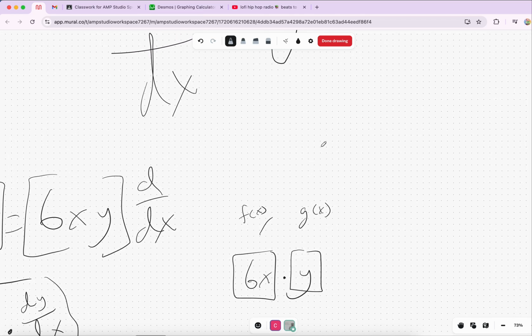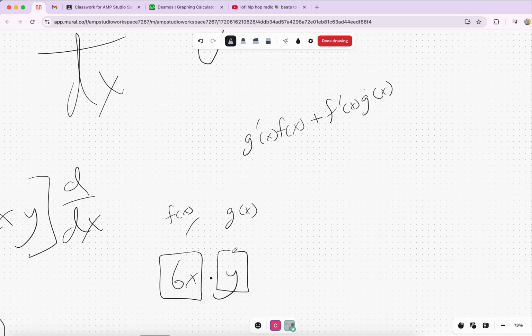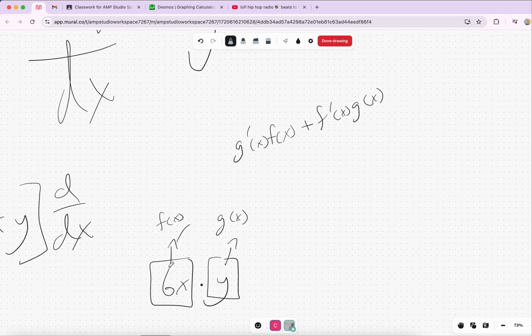The product rule is g prime of x times f of x, plus f prime of x times g of x. So first let's find the primes of each of these.